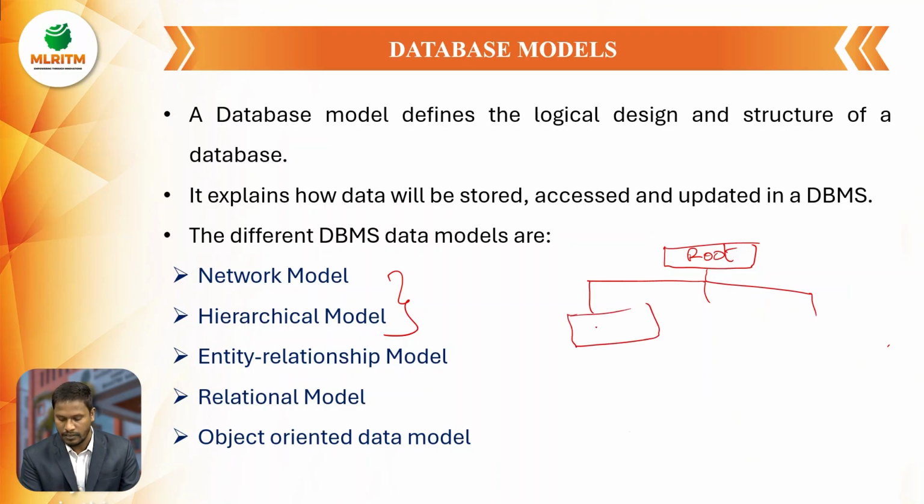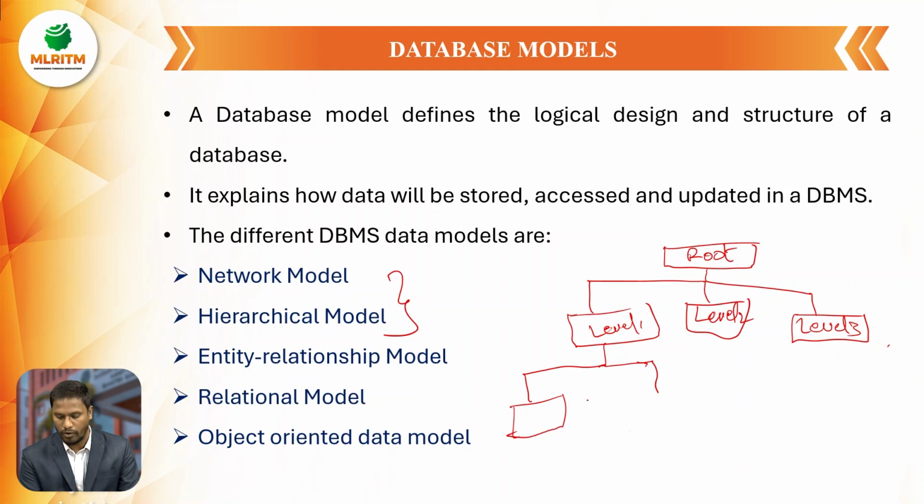Again this child is also called level 1, for example, level 2, and the third one is level 3. Again this level has two more children. This is called the hierarchy model of the data. Like this we were using it in older days.